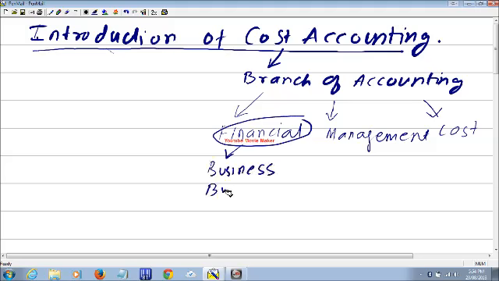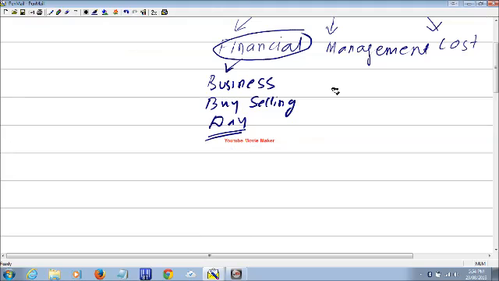In financial accounting, only the business transactions are recorded. Business transactions of buying and selling, the day-to-day transactions which we do in the regular business.